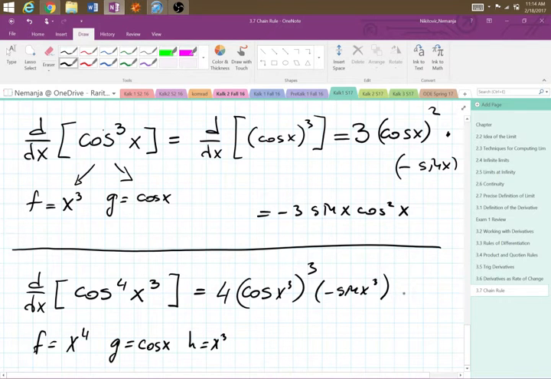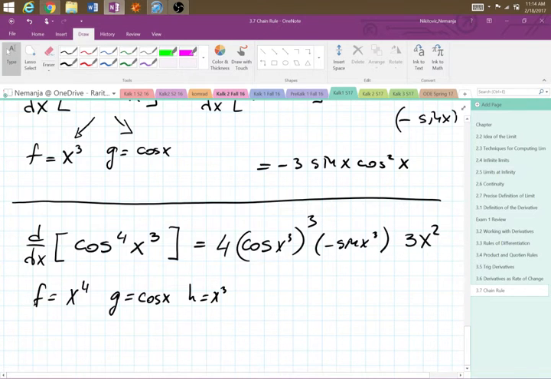And then? 3x squared. Good. So now, overall, negative 12, 4 times 3. Negative 12 sine x cubed cosine cubed x cubed.